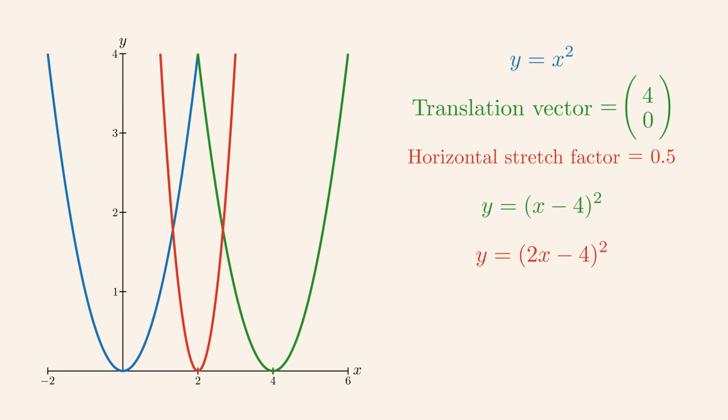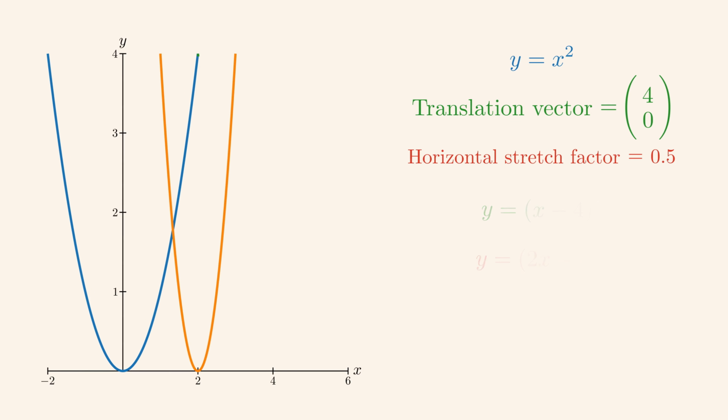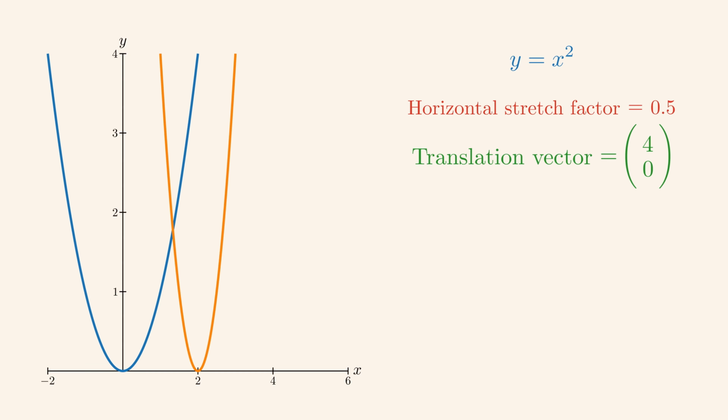But is this the only valid sequence of 2 transformations? What if we apply the horizontal scaling first and translate afterward? This time, the required translation is 2 units rather than 4.